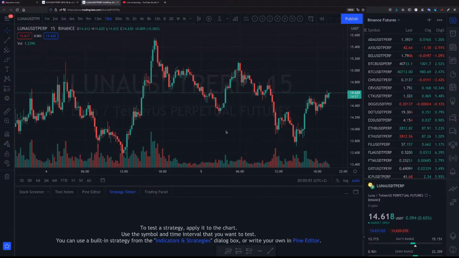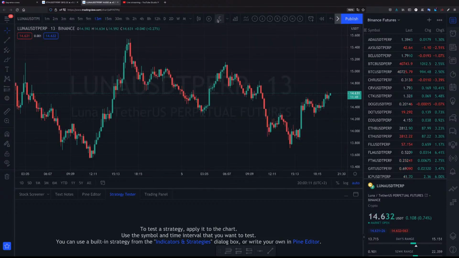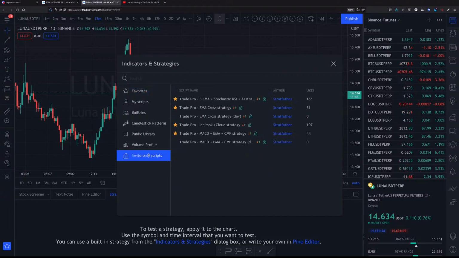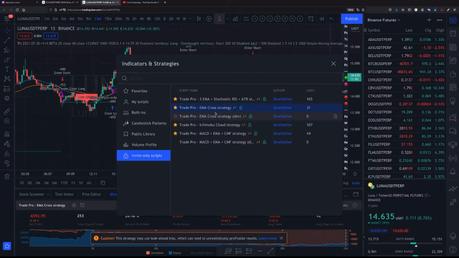Like this. Okay, so now we go and try to find that indicator, which should be here. EMA Cross strategy, yes. This one, it is.